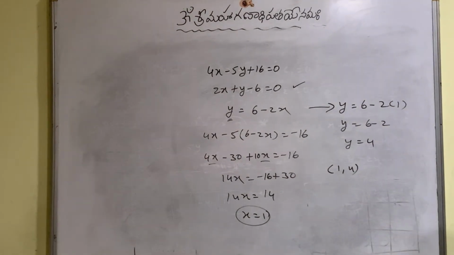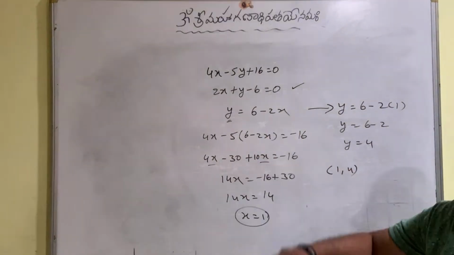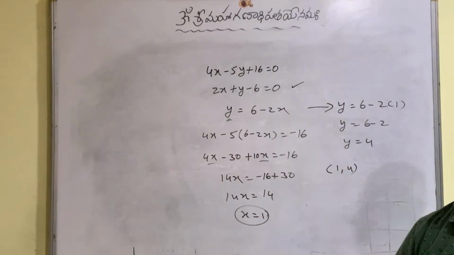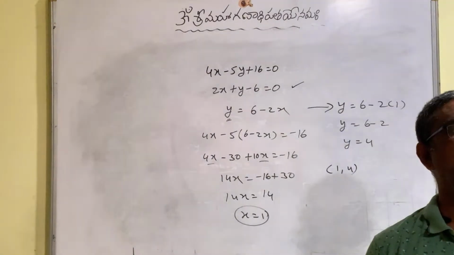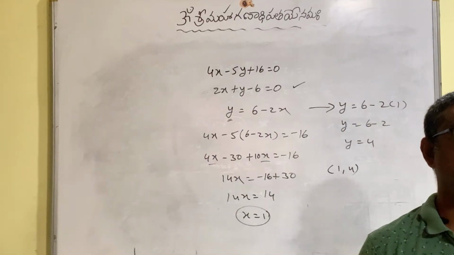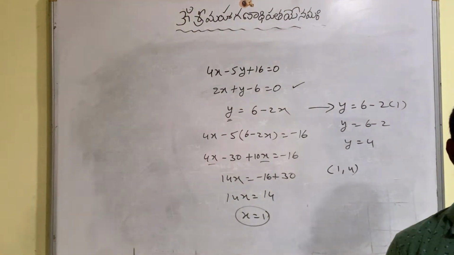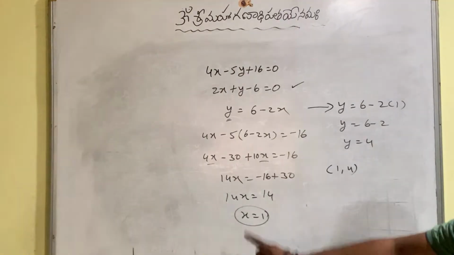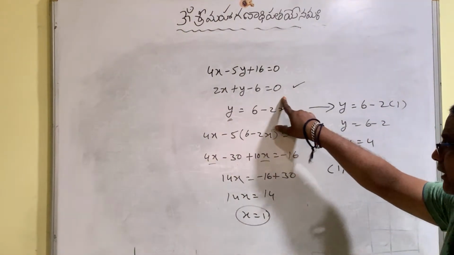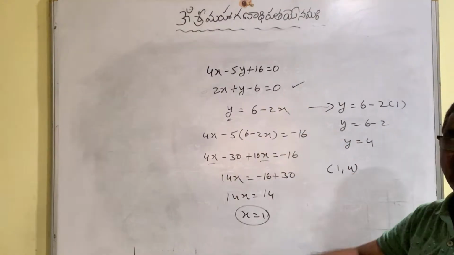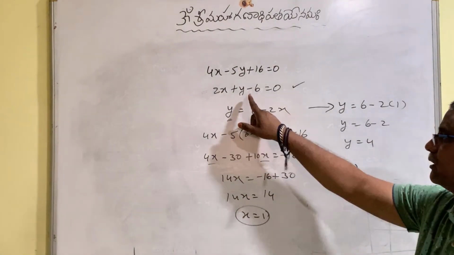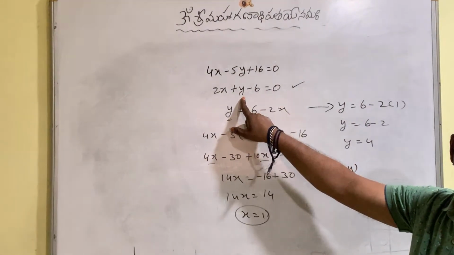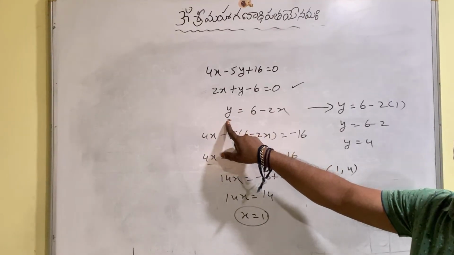Substitution means first selecting the equation, then second selecting the variable that is to be substituted. Here I selected the second equation. In the second equation I selected variable y.